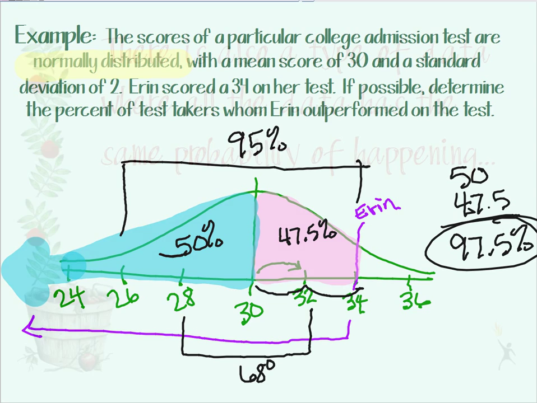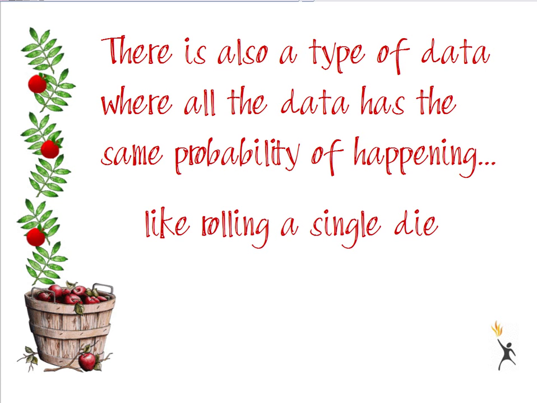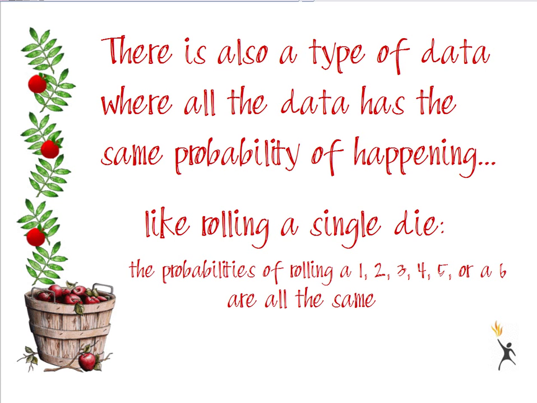Now, one more thing. There's also a type of data where all the data has the same probability of happening. Last year we talked about probability and we talked a lot about rolling dice. If I roll a single 6-sided die, the probabilities of rolling a 1, 2, 3, 4, 5, or even a 6 are all the same probability, right?